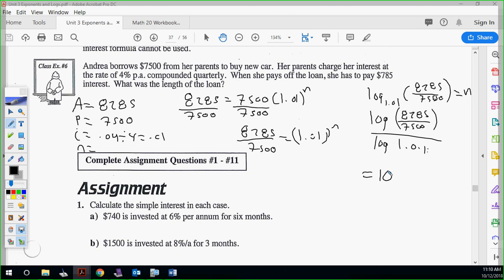Think about 10 times a fourth. Think about money: 10 quarters is $2.50. So that's 2.5 years. The last one we kept in months; this one's kept in quarters. All right, that's it for this one.